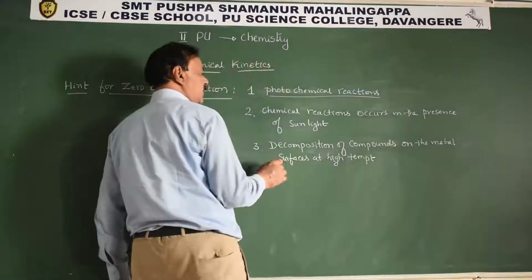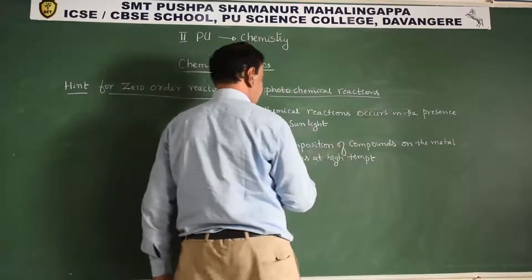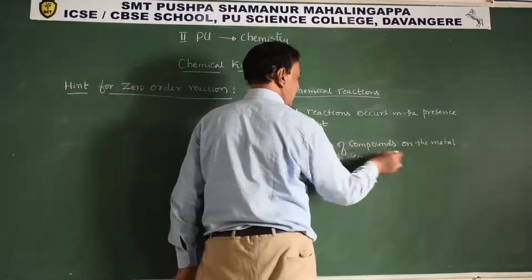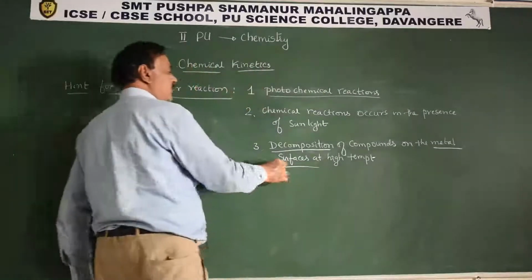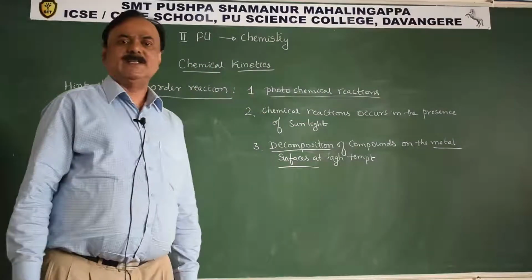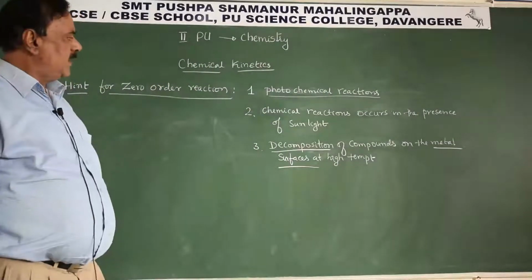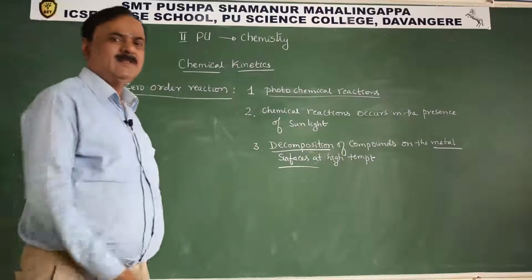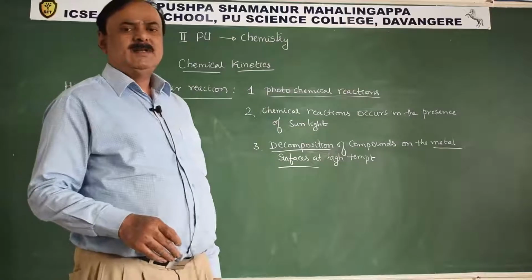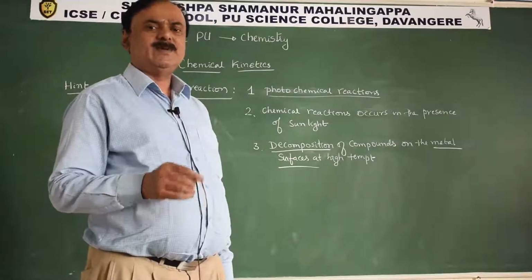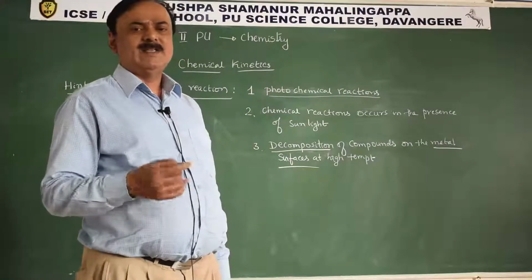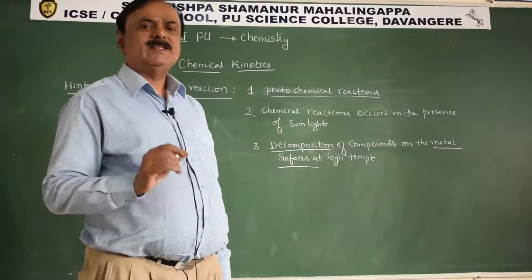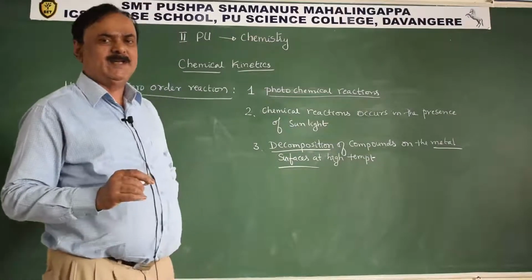If in any chemical reaction the word decomposition and the words metal surface are there, then they are good examples for zero order chemical reaction. For example, decomposition of ammonia on the surface of metal at high temperature, and decomposition of hydrogen peroxide on the surface of gold. That is a good example for zero order chemical reaction.